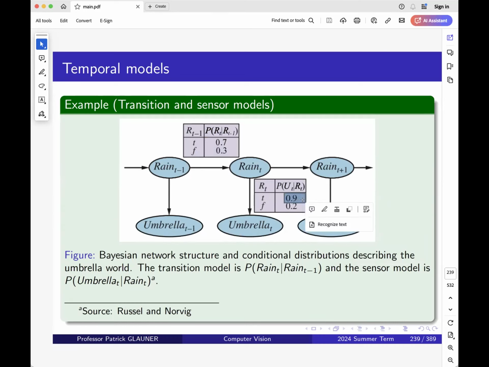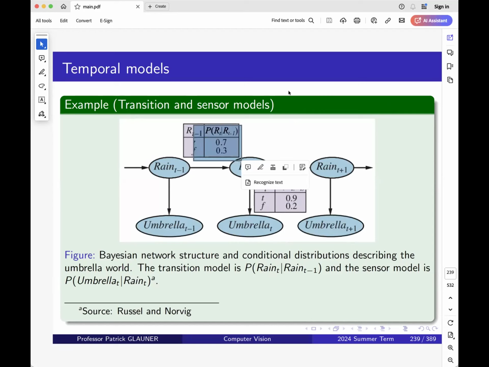Therefore, the probability of not having an umbrella when there is rain is 0.1, because 0.1 and 0.9 need to add up to 1. And the probability of not having an umbrella when there is no rain would be 0.8, because 0.8 and 0.2 need to add up to 1. So this is how you read these tables.